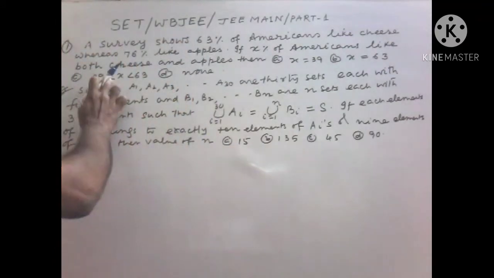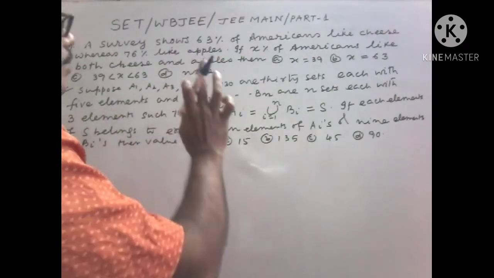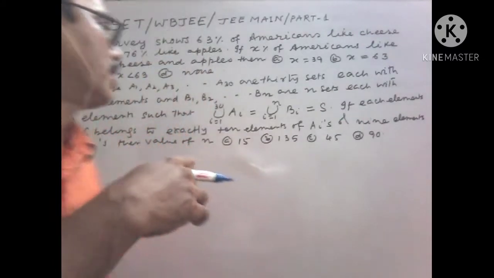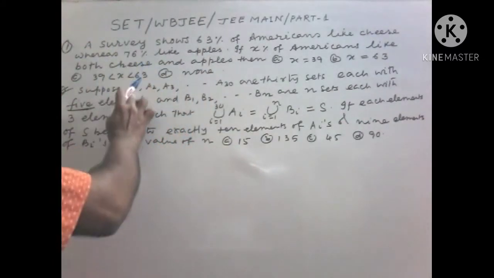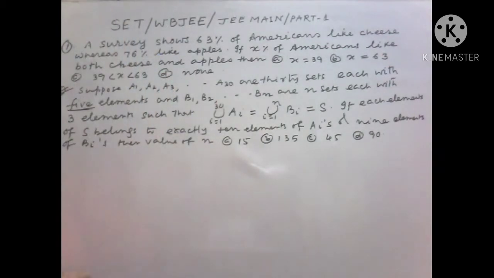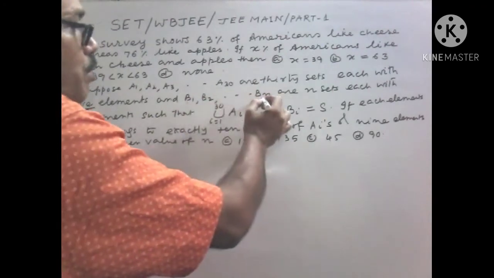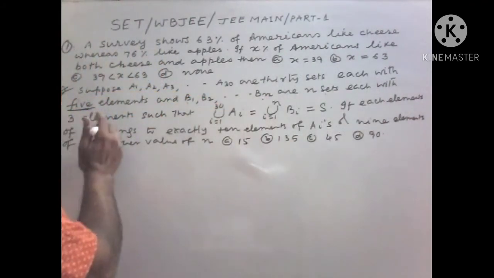This is an important problem. Suppose A1, A2, A3, ..., A30 are 30 sets, each with 5 elements. A1 has 5 elements, A2 has 5 elements. And B1, B2, ..., Bn are n sets, each with 3 elements.